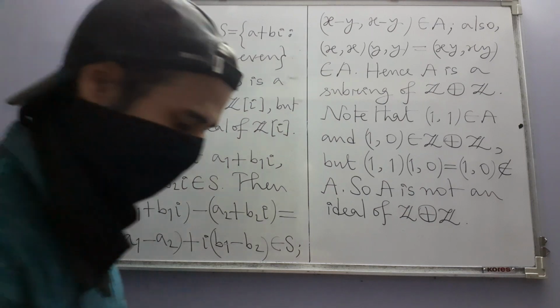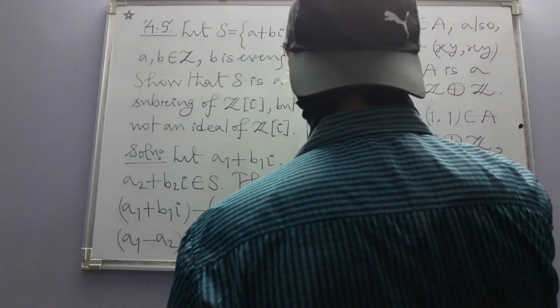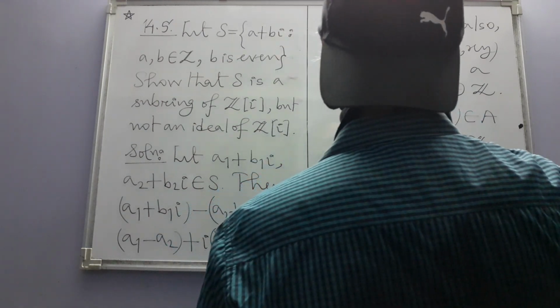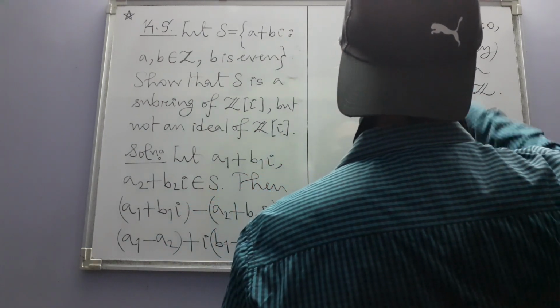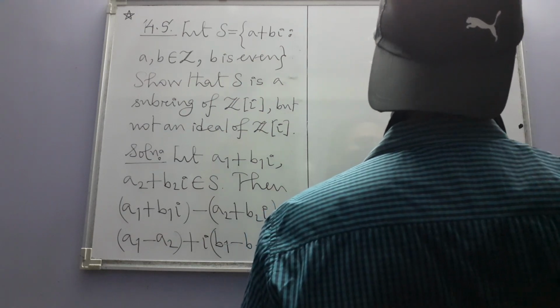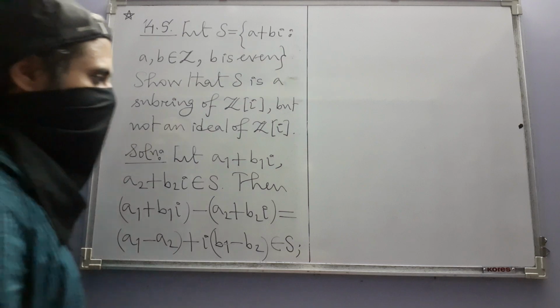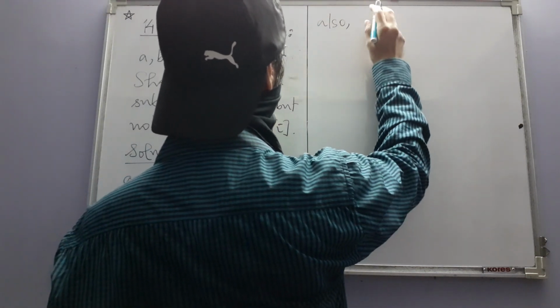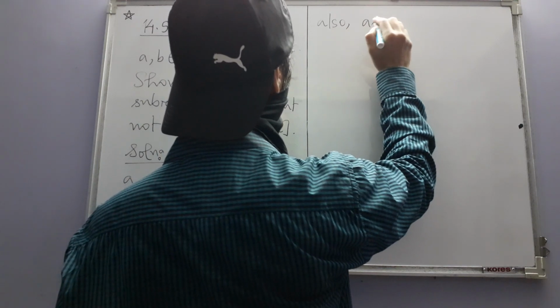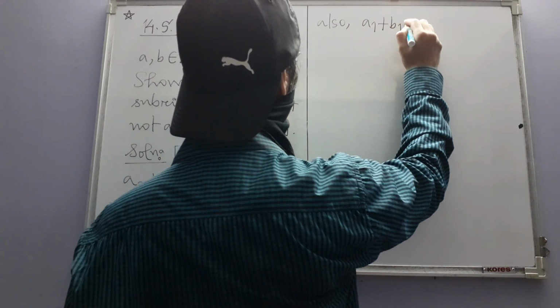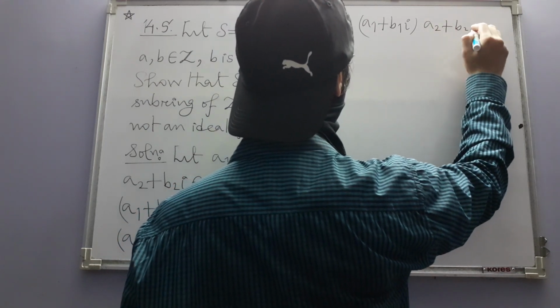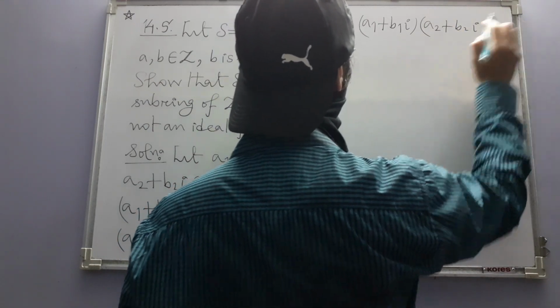And also, what happens to their product? a1 plus b1 i times a2 plus b2 i.